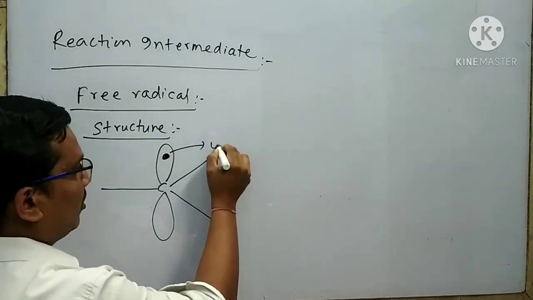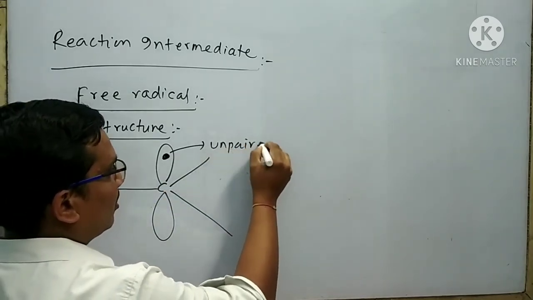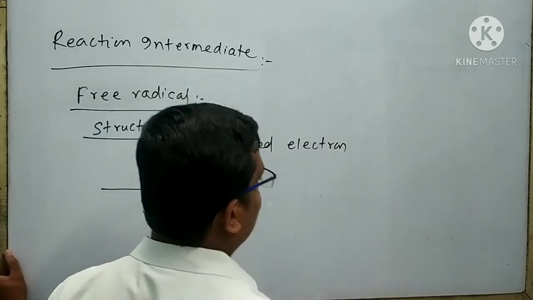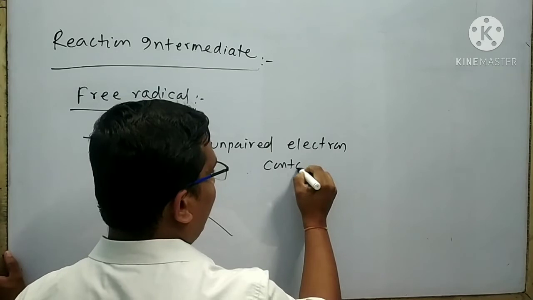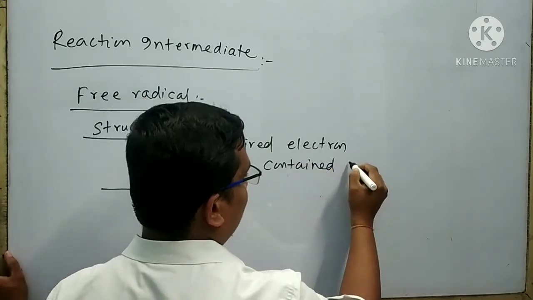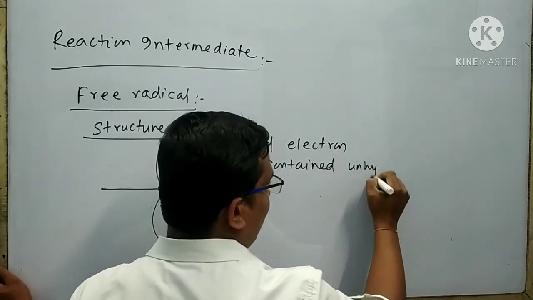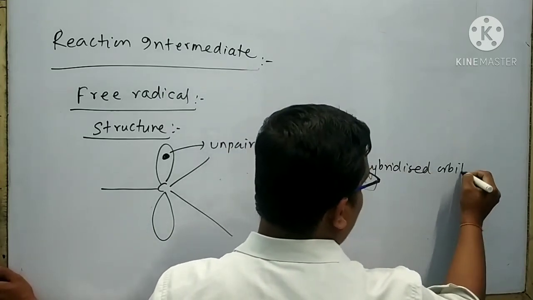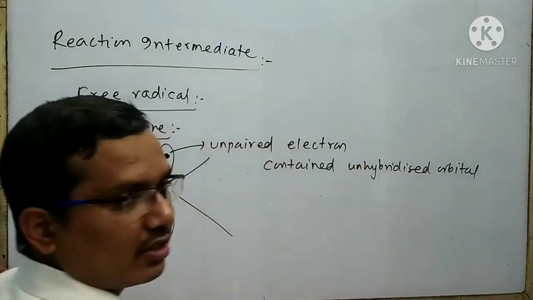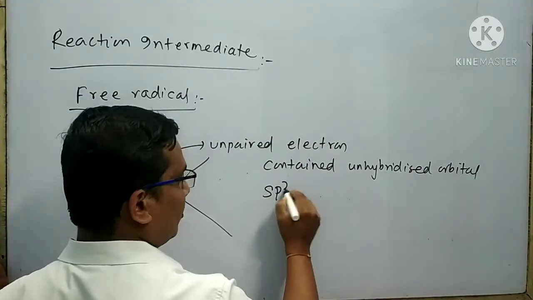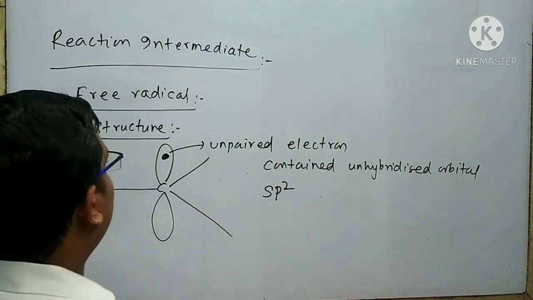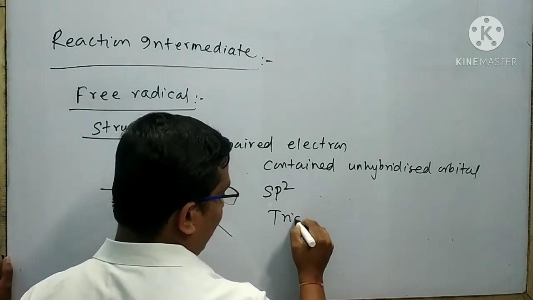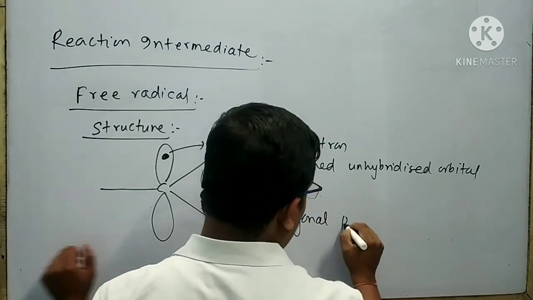This is your unpaired electron contained in the hybridized orbital. The hybridization is sp2. The structure of free radical is trigonal planar.